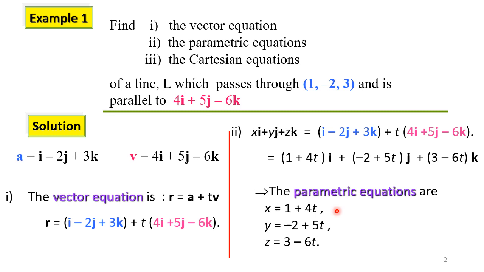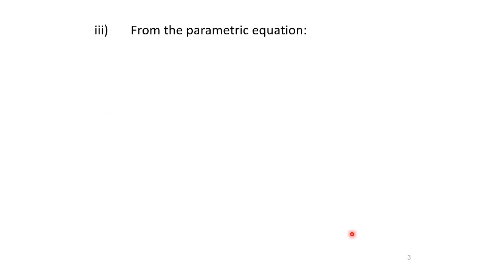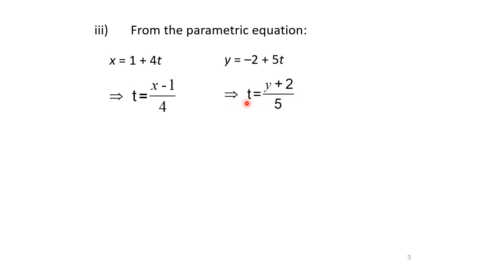Lastly, we want to find the Cartesian equation. From this parametric equation, we put t as the subject. So t = (x - 1)/4. Same also for y, t = (y + 2)/5. Same also for z, t = (z - 3)/(-6).